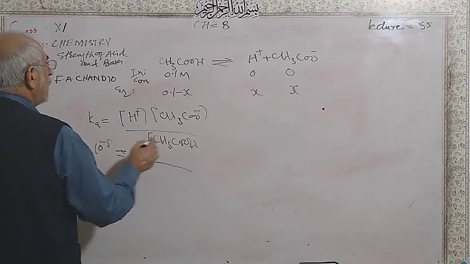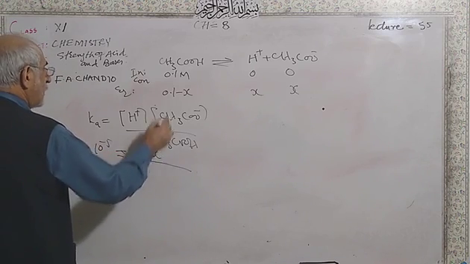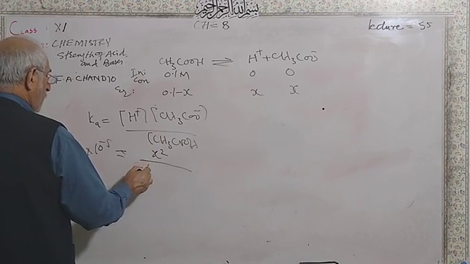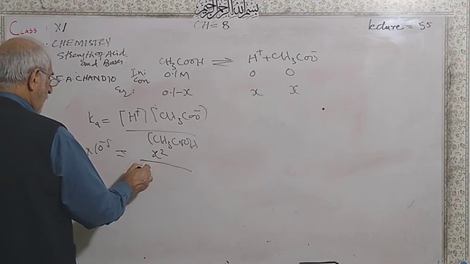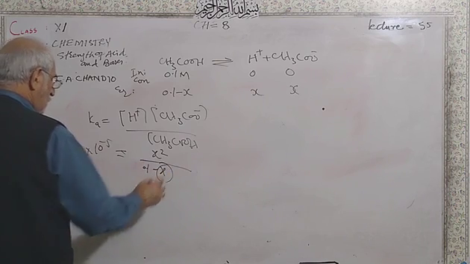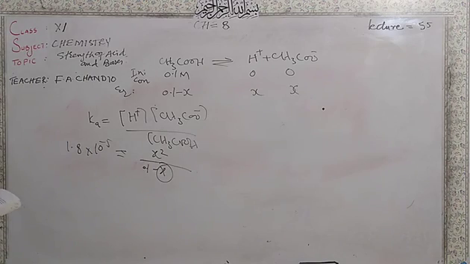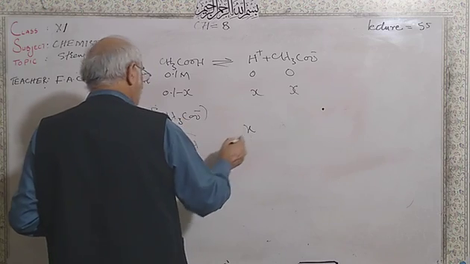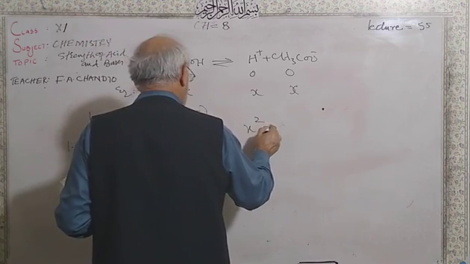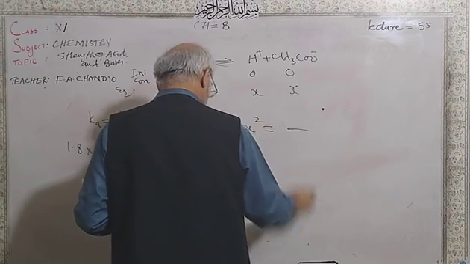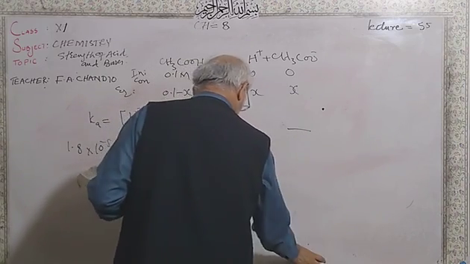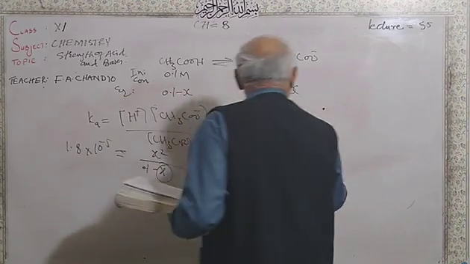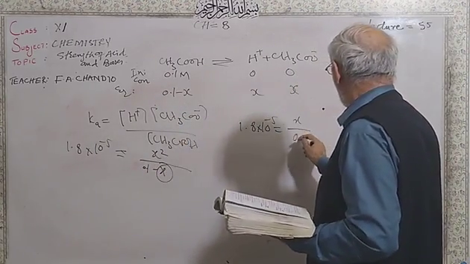The concentration of the hydrogen ion is x and of acetate is x, so x square, divided by 0.1 minus x. I told you this x will be smaller than 0.1, so it is going to be ignored. That's why x square over 0.1 equals 1.8 times 10 raised to power minus 5.